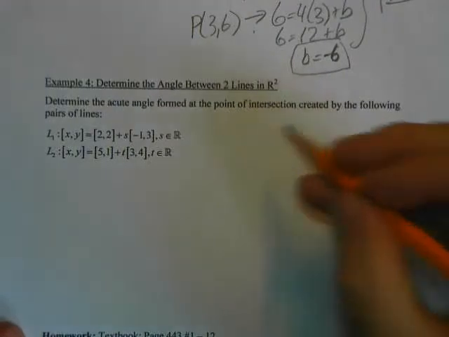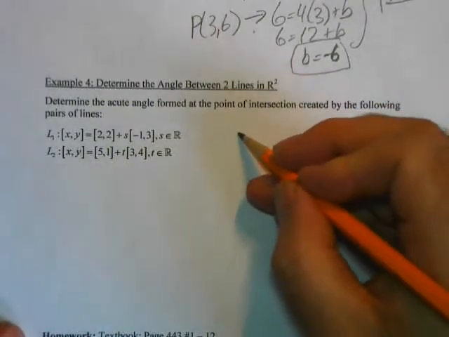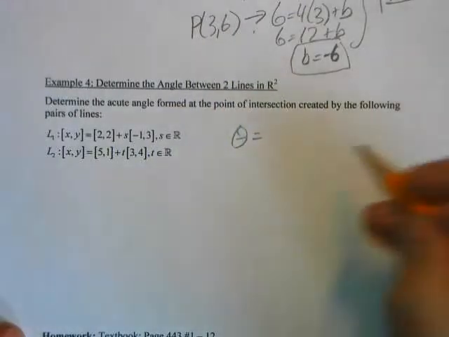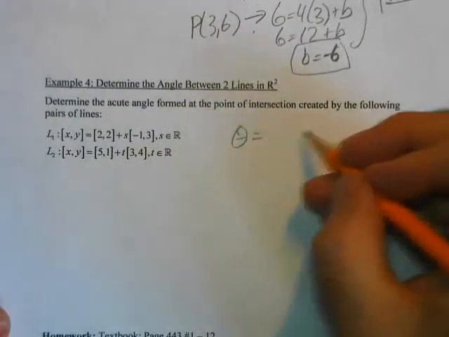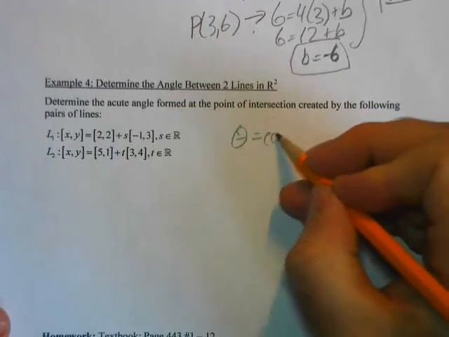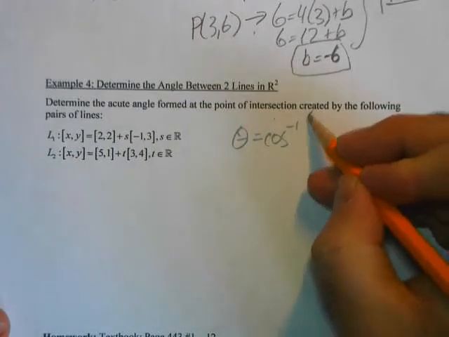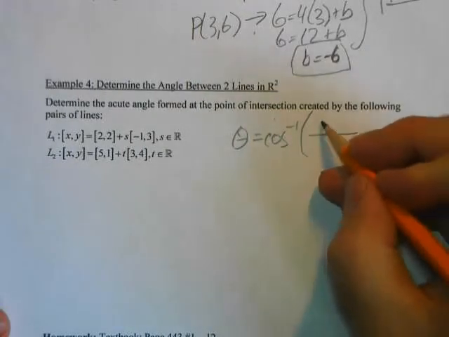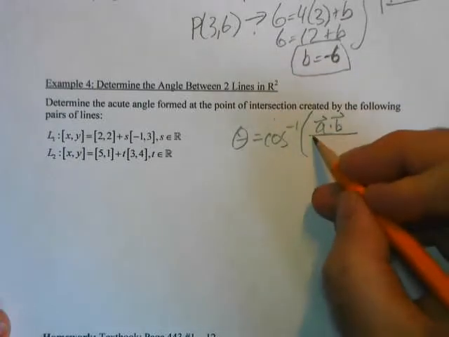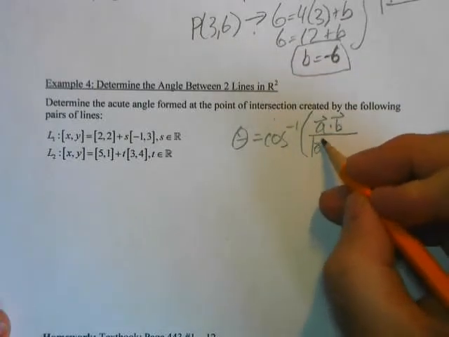If you remember, the equation on the previous page was that the angle between the two lines is equal to cosine inverse of the dot product of two vectors, divided by the magnitude of the two vectors.